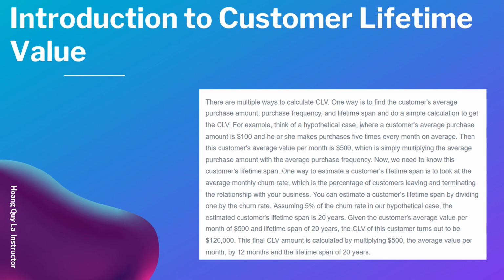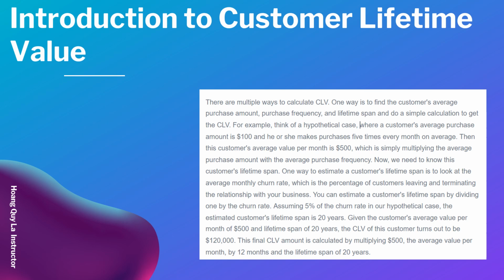One way to estimate a customer's lifetime spend is to look at the average monthly churn rate, which is the percentage of customers leaving and terminating the relationship with your business. You can estimate a customer's lifespan by dividing 1 by the churn rate. Assuming 5% churn rate in our hypothetical case, the estimated customer lifespan is 20 years.